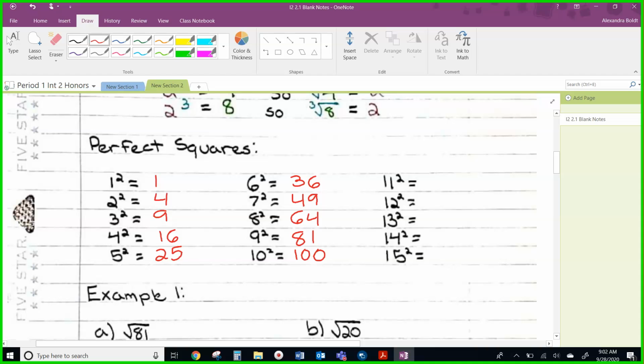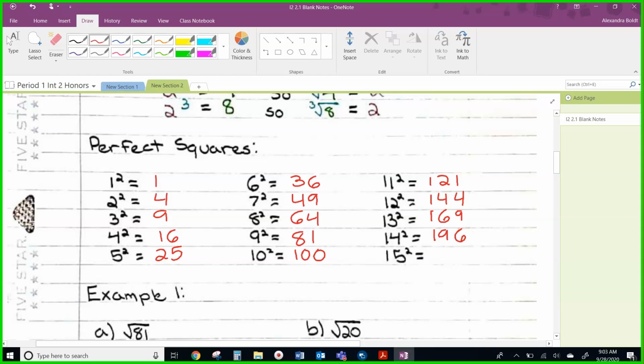Those we probably kind of know, or we could easily figure out. It's the bigger ones, as we get past 10, that are harder. But 11 squared is 121. 12 squared is 144. 13 squared is 169. 14 squared is 196.